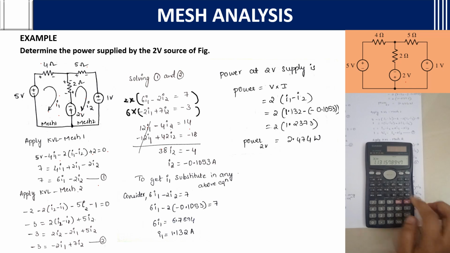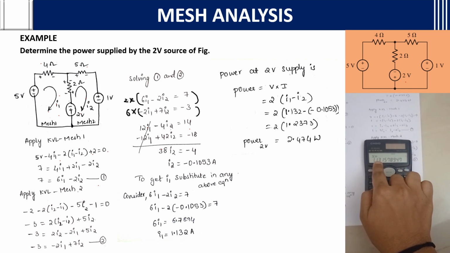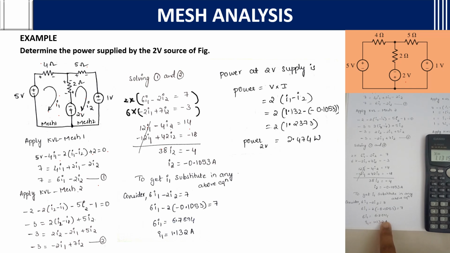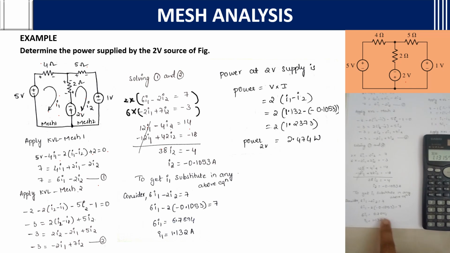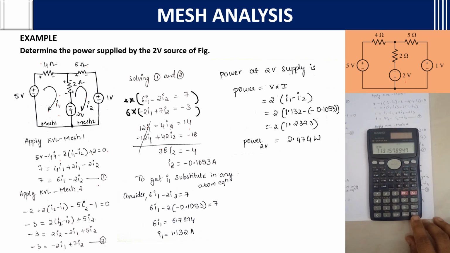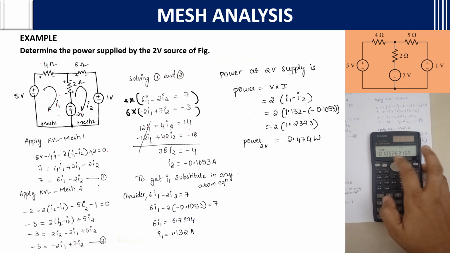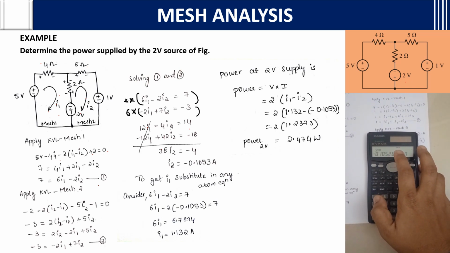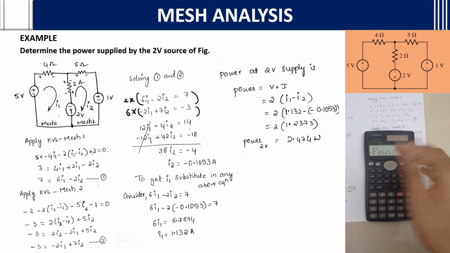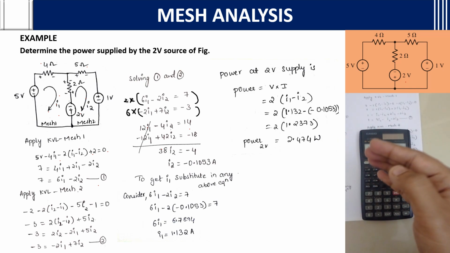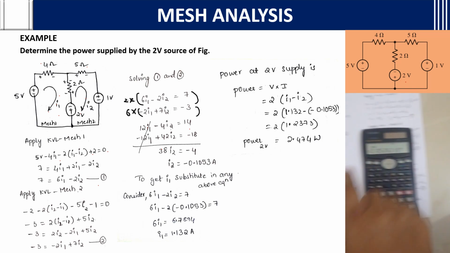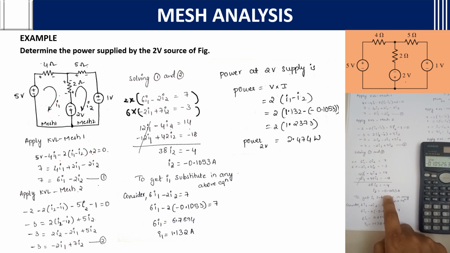If you press equals, you will get I1 as 1.1315, nothing but 1.132. Then for I2, here you will get X and Y. While taking, you need to understand what is X and what is Y. If X is I1, then Y will be I2. So I2 will be minus 0.1053.